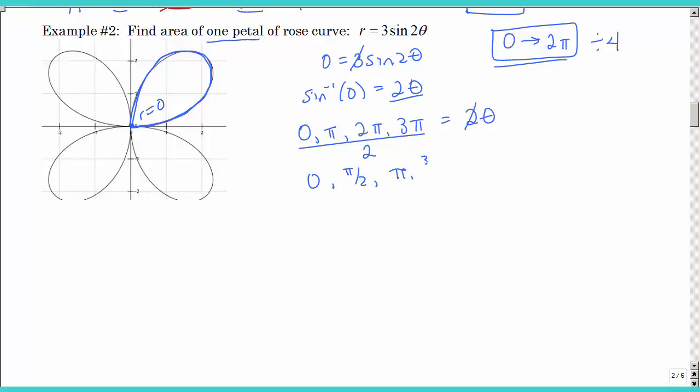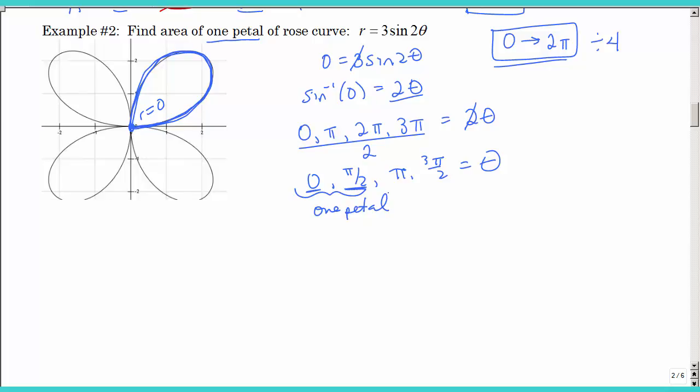And that is when this graph goes through the pole. Right, so I know from 0, when theta is 0, going all the way around to pi over 2. So from there to there, that would give me 1 petal.